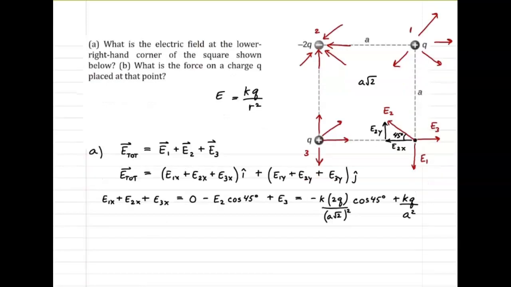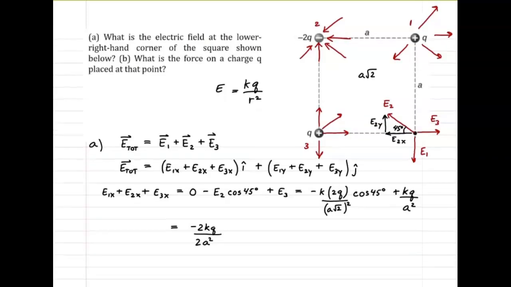Okay, we're going to continue evaluating the expression. So I'm going to take the 2 out. So I have minus 2KQ. And then I'm going to square the bottom. When I square the bottom, root 2 becomes 2, and then A becomes A squared. Now, what's cosine of 45?